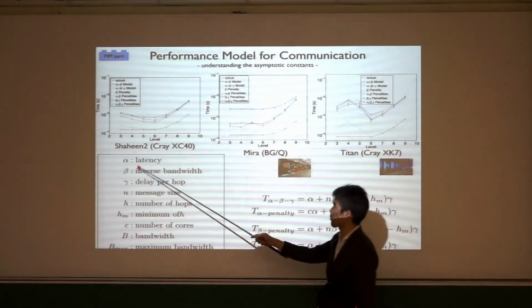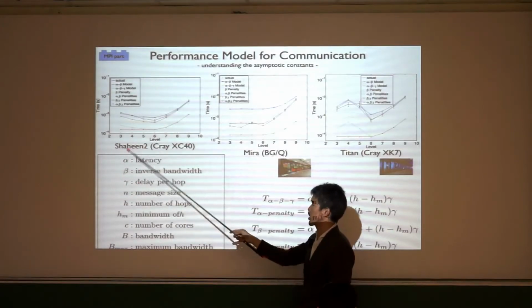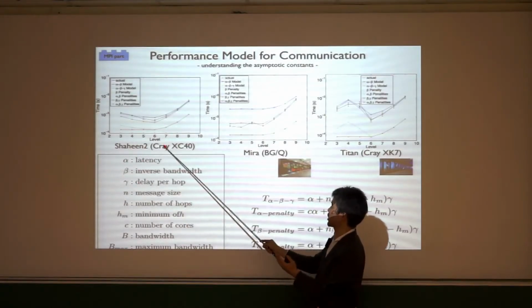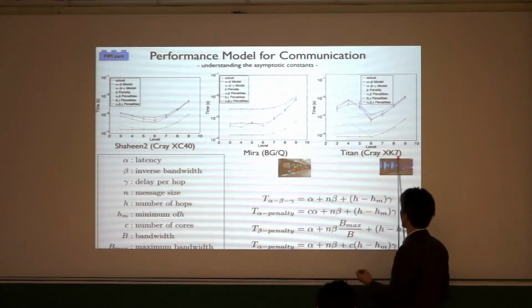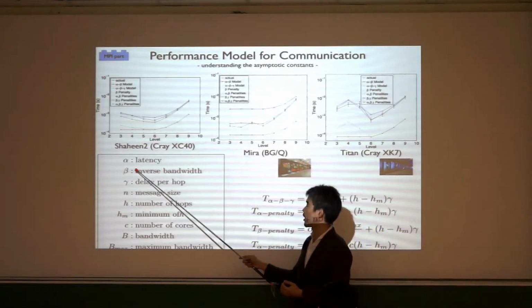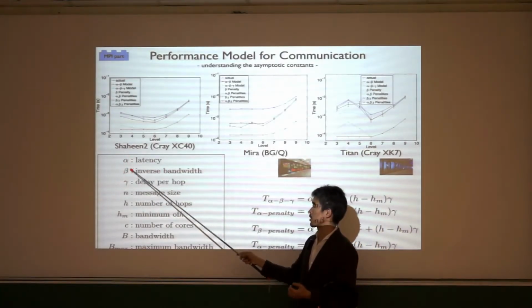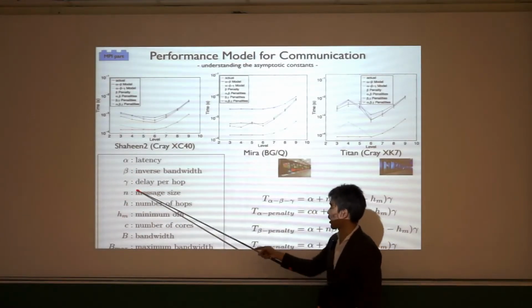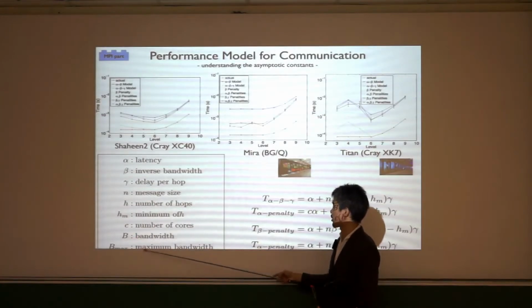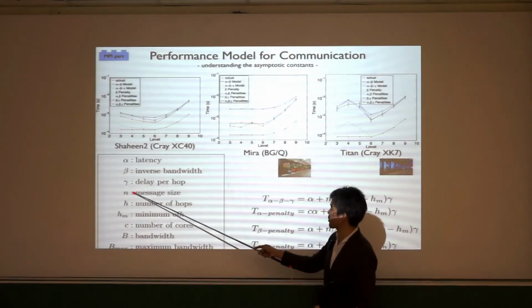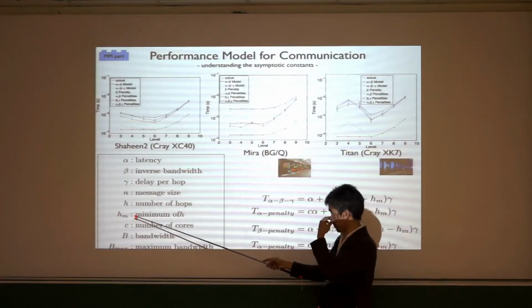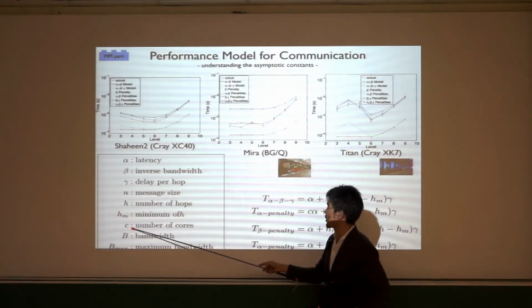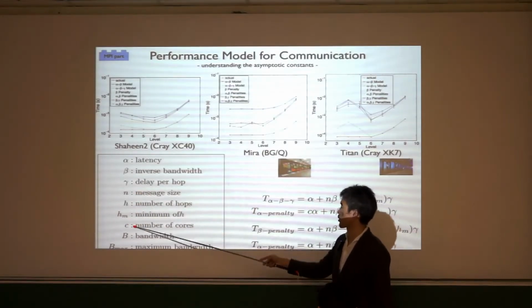These first 3 numbers are the parameters of the machine. If you're given a machine like Cray XC40, Blue Gene Q, or Cray XK7, these numbers are determined by the machine. The bandwidth is also determined by the machine, but N, H, and C, you can actually control yourself.